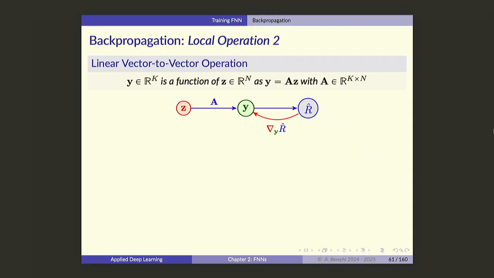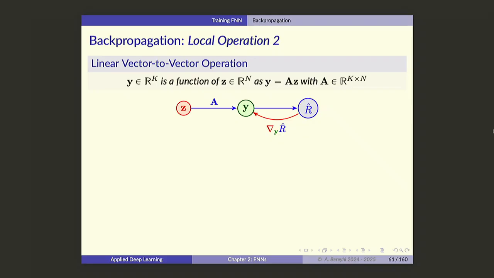Cool. Now, this is one thing. The next thing is that y equals Az. If y equals Az, and you think again about everything as a scalar, what is dy/dz?